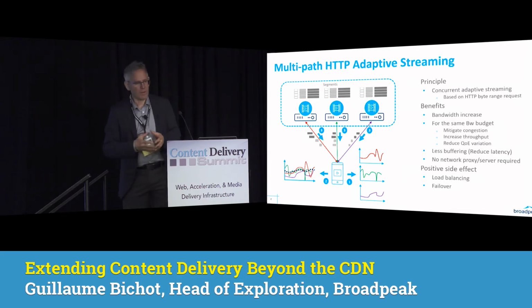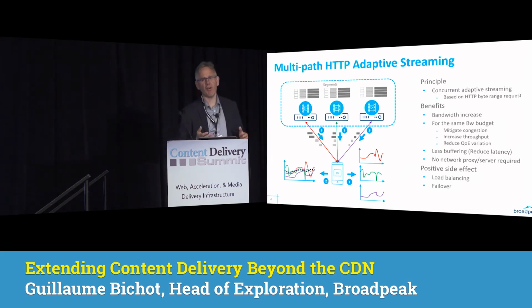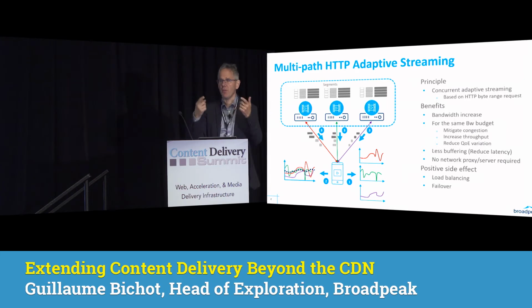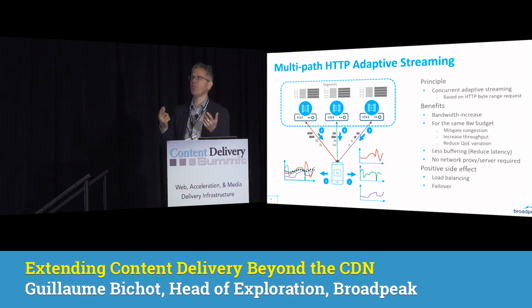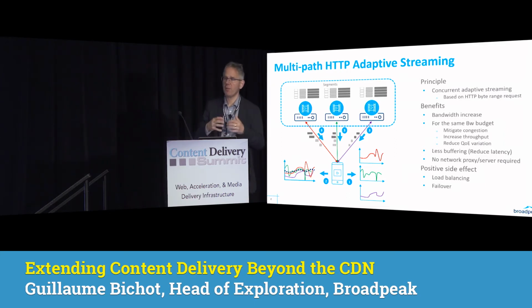And one team had the idea of operating several senders and one receiver that could compute the bandwidth with all the senders, and try to orchestrate the senders in order to send part of the content. So that was the beginning.